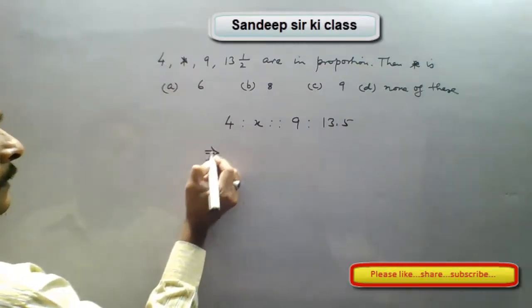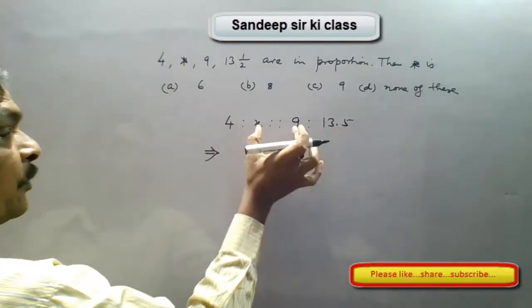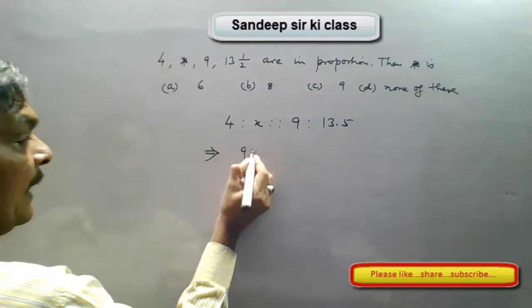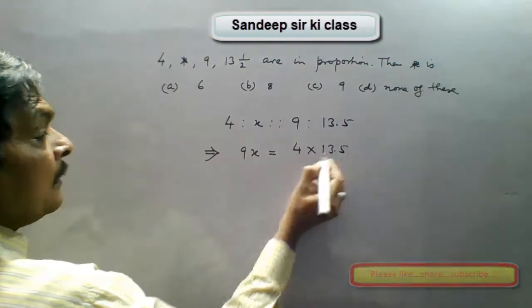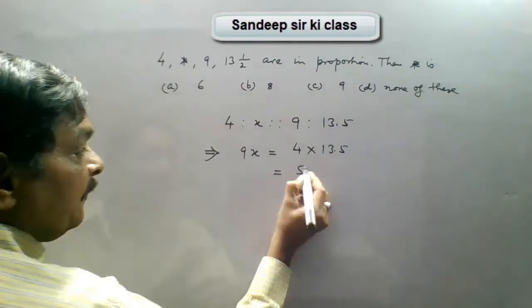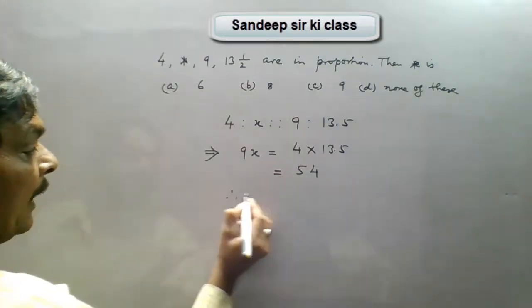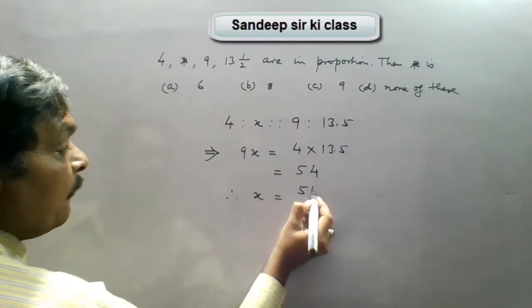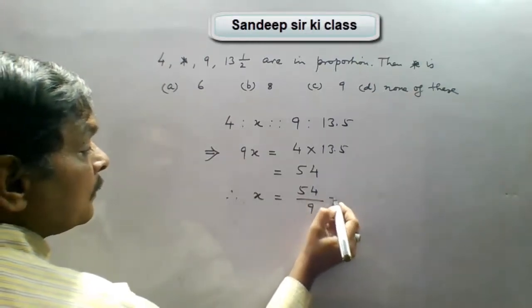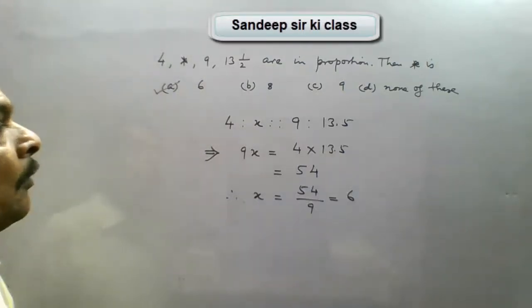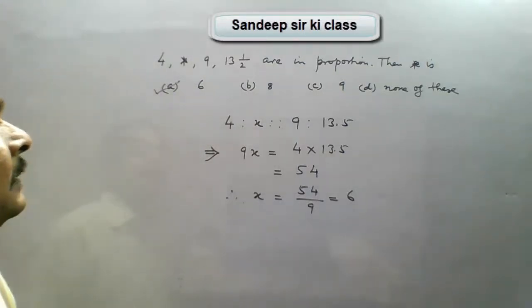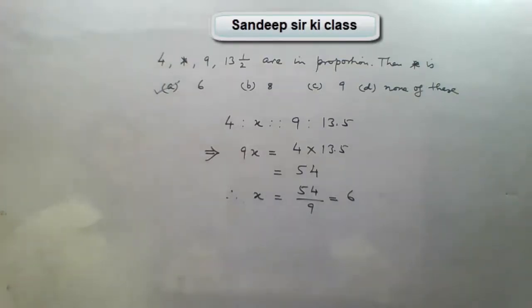Product of extremes is product of means. So 9x is equal to 4 into 13.5. This is equal to 54. Therefore, x is equal to 54 upon 9 is equal to 6. So option A is correct. It is a simple problem of proportion.